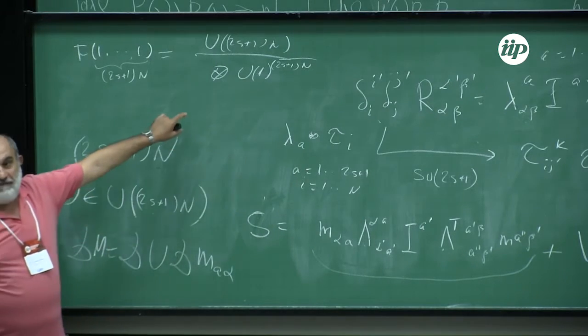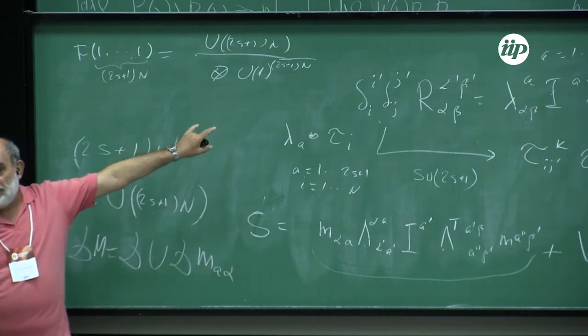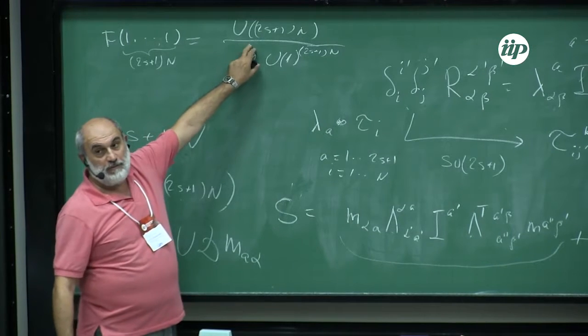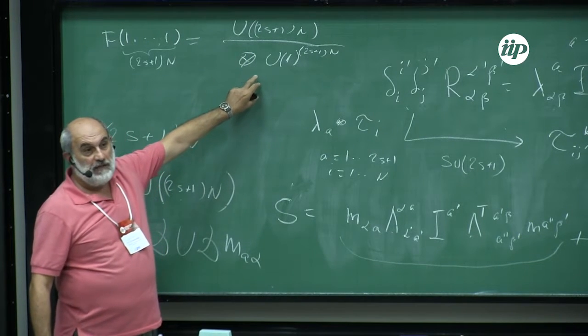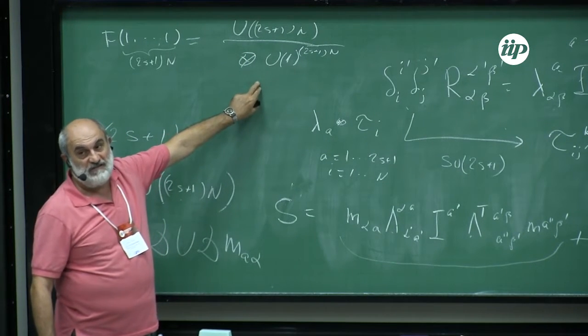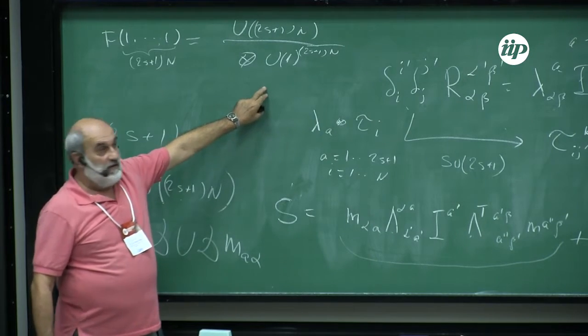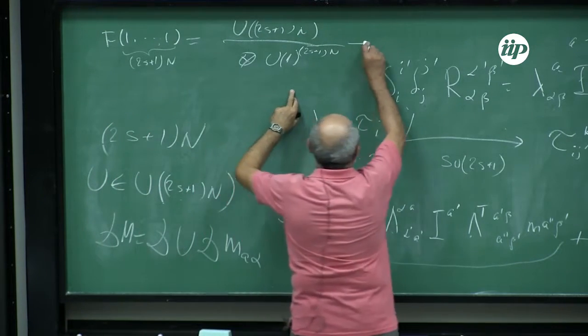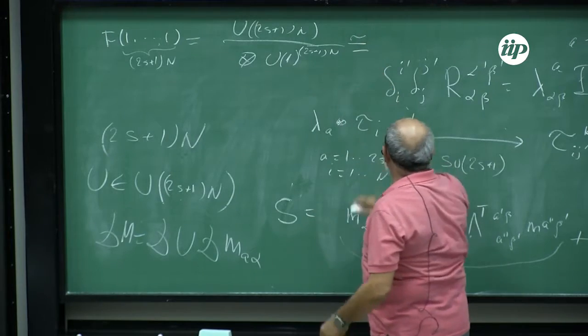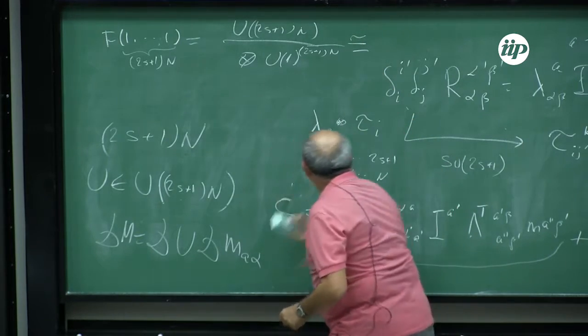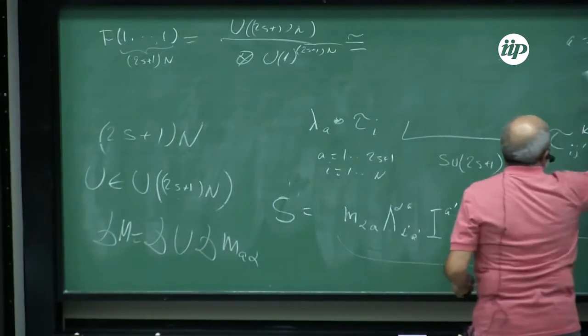So we should factor over the Cartan subalgebra of the larger group, and this is called the flag manifold. And the adjoint representation is this space. This space can be expressed locally, only locally; I'm not considering topology at the moment.